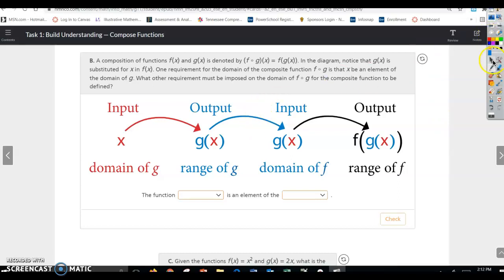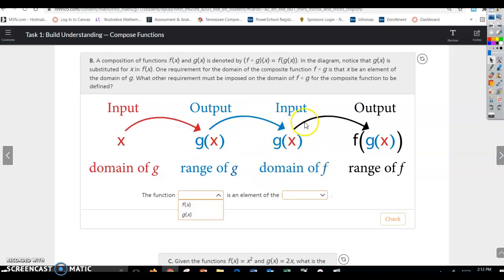Let's see how to fill in the blanks here. We've got an input x, the domain of g, and the output is g of x. So it's just like x and f of x. This time we're having x and g of x. So that's our range of g. Then we take whatever the output is here and input that back into the function, or the domain, of f.